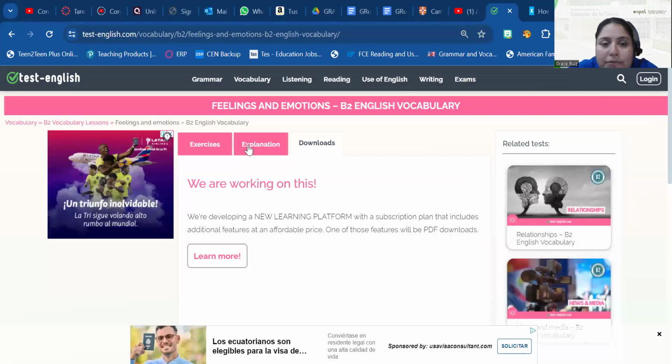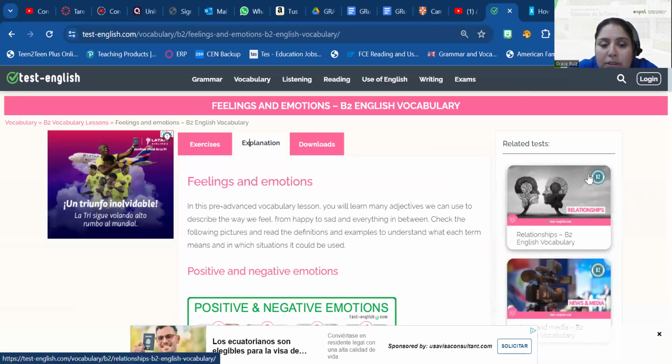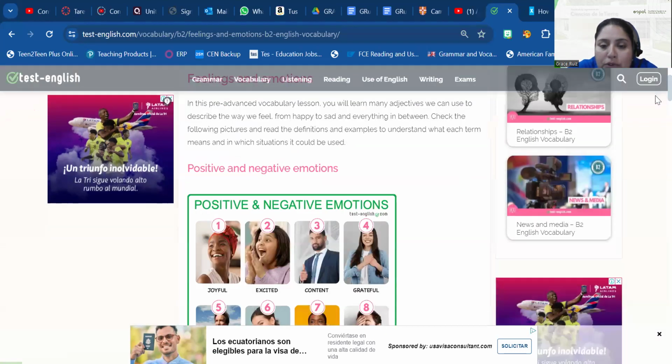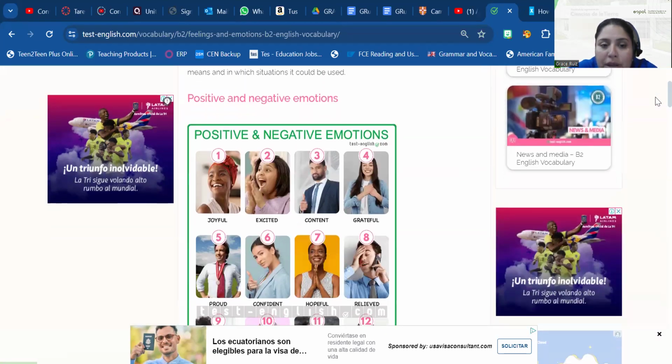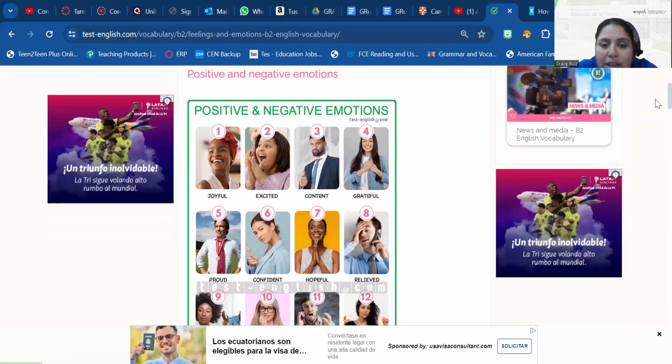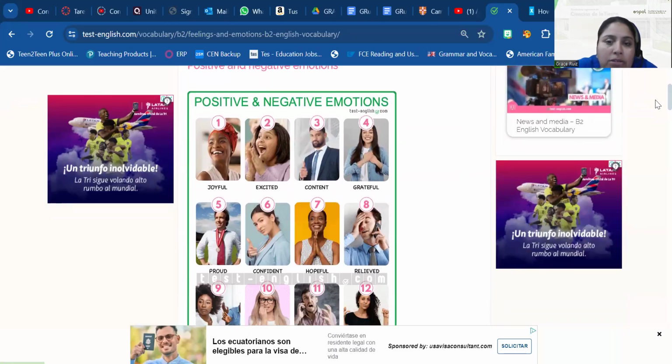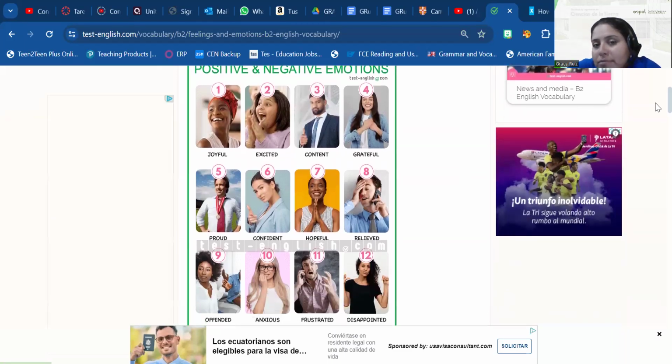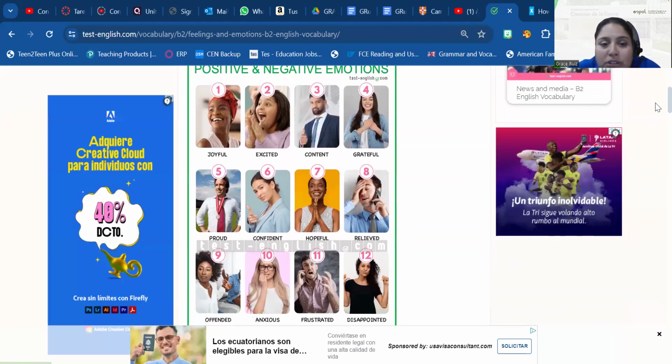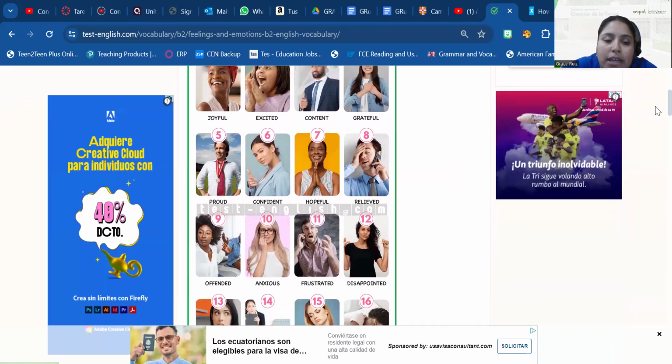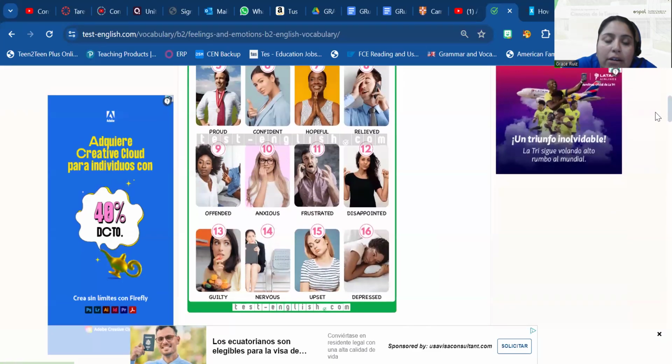Okay, so here we have some of the explanations about feelings and emotions, positive and negative. Definitely useful for the activity that you're going to be doing. The pictures can definitely talk about negative and positive emotions. You can definitely see new words.